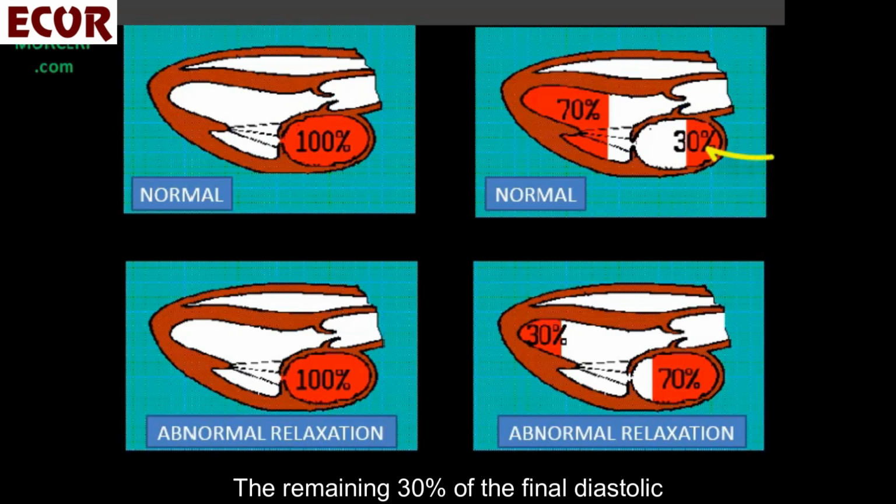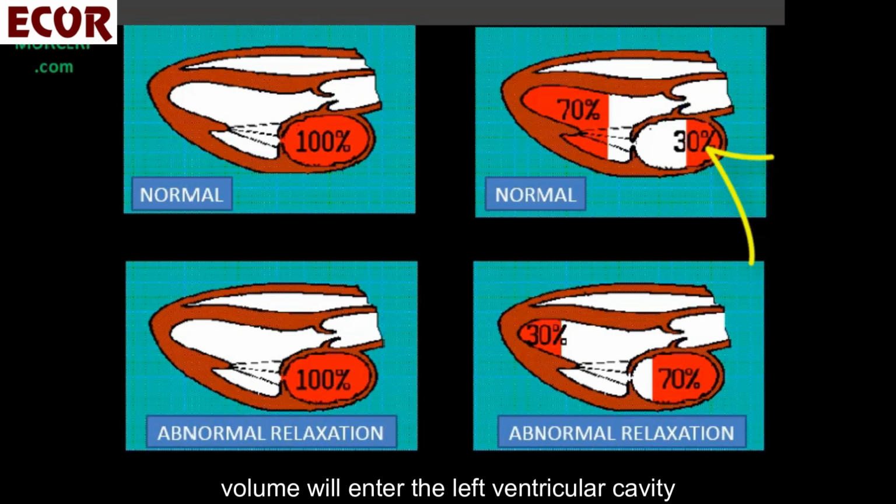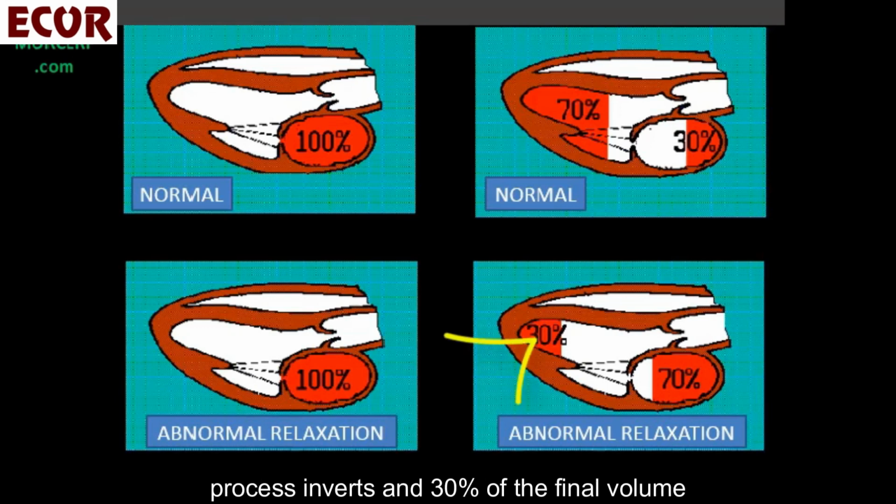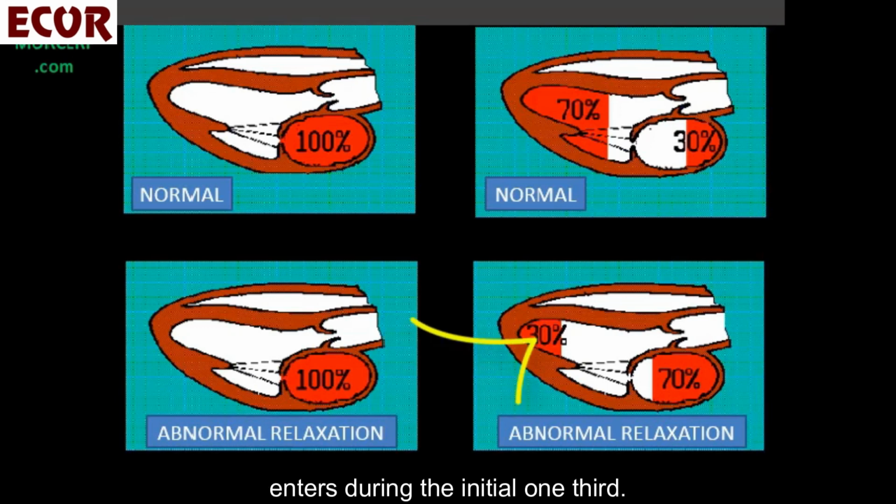The remaining 30% of the final diastolic volume will enter the left ventricular cavity during diastasis and left atrial contraction at the last diastolic two-thirds. Now, if there is a problem with relaxation, but with normal compliance, this filling process inverts, and 30% of the final volume enters during the initial one-third.